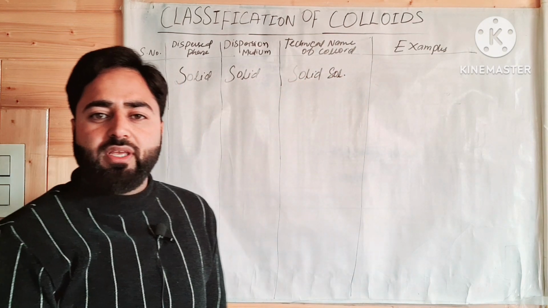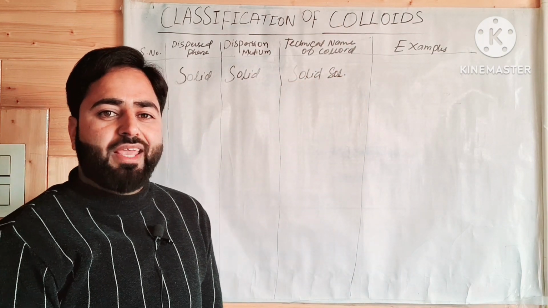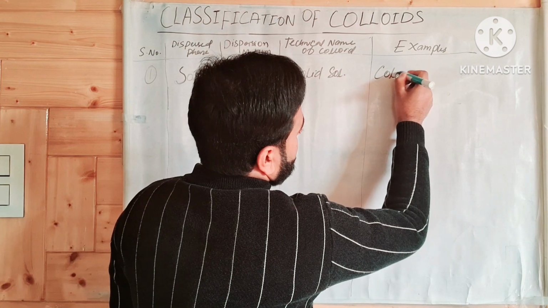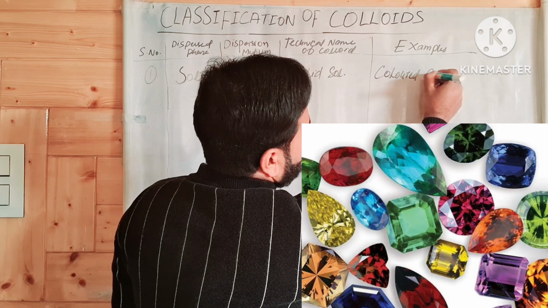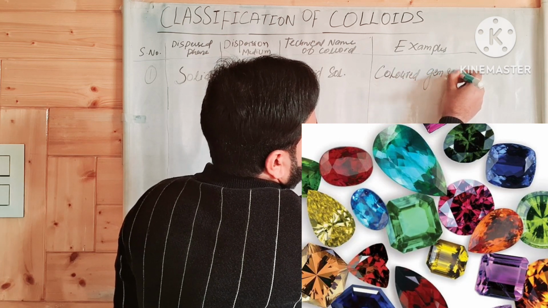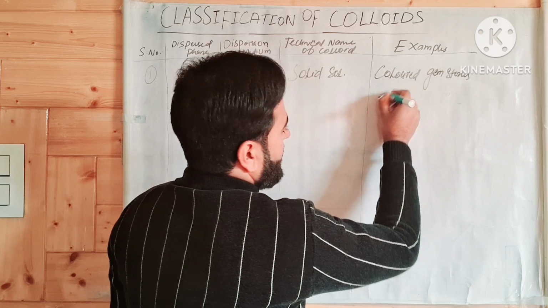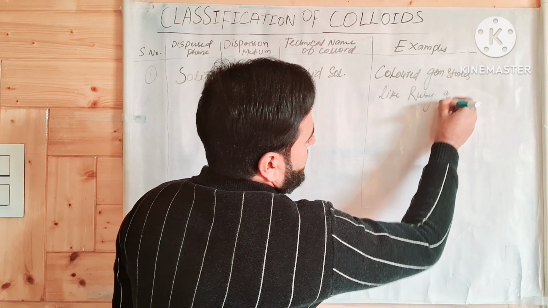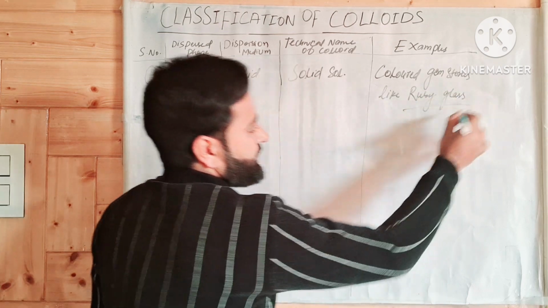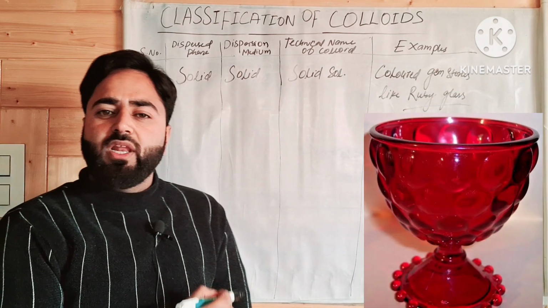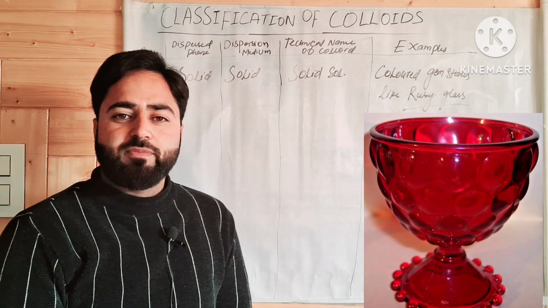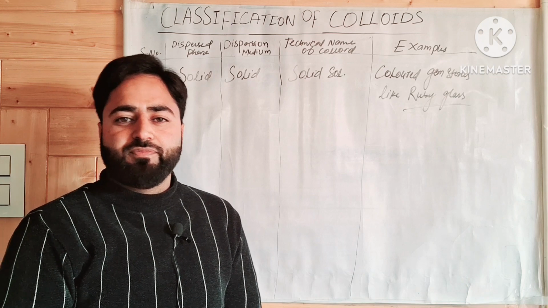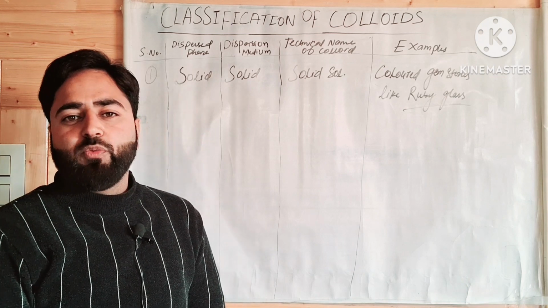An example is colored gemstones like ruby glass. Ruby glass is actually a red glass which is prepared by mixing gold and molten glass. It is used for decorative purposes.